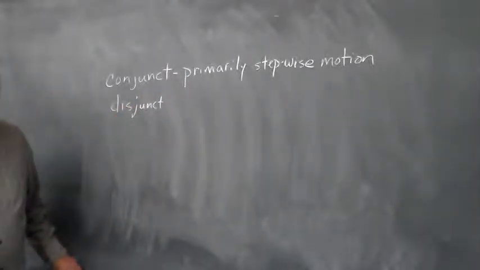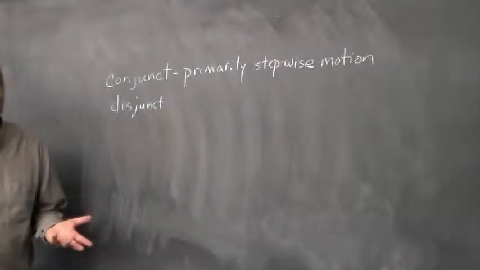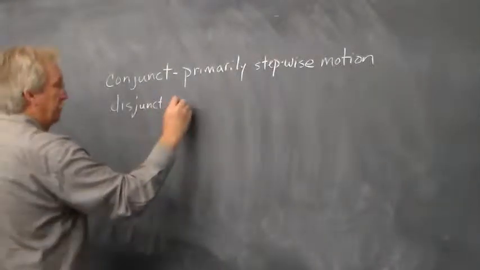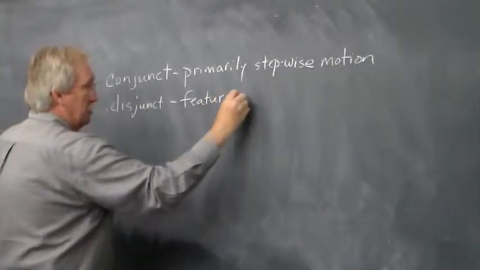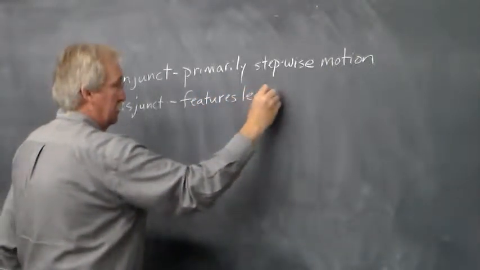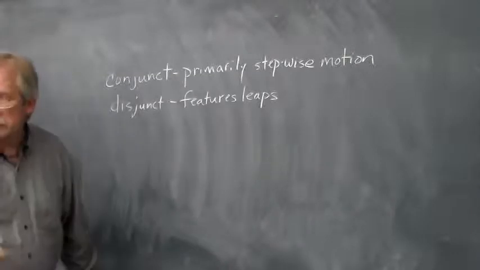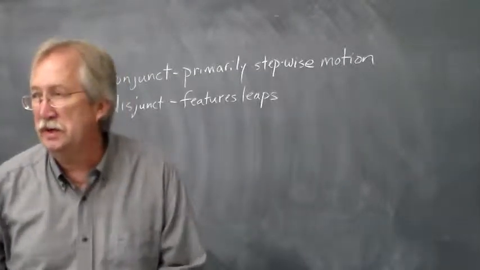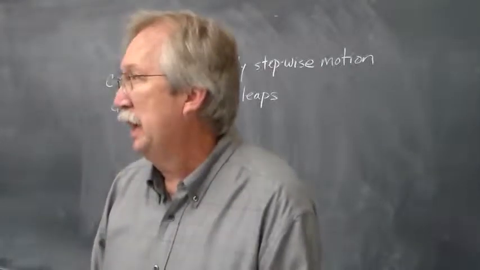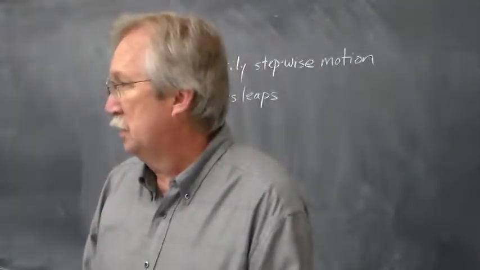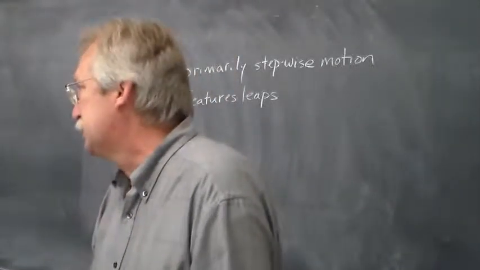And the term disjunct is the opposite, that it will feature lots of leaps. So in general, a classical style tends to be more conjunct in melodic construction as compared to a Baroque or a Romantic style.